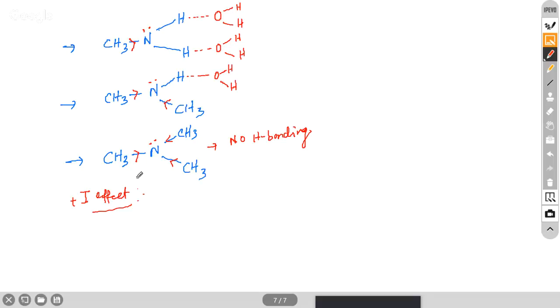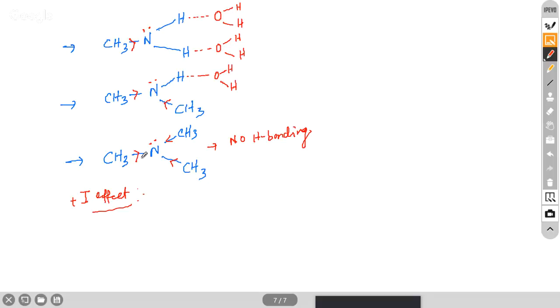The space around the nitrogen is occupied by these alkyl groups, and we don't have much space here so that this lone pair can be donated, right? That is the steric effect we have, steric hindrance. Because of this steric effect, the tendency to lose this lone pair of electrons is less and hence the basicity decreases.